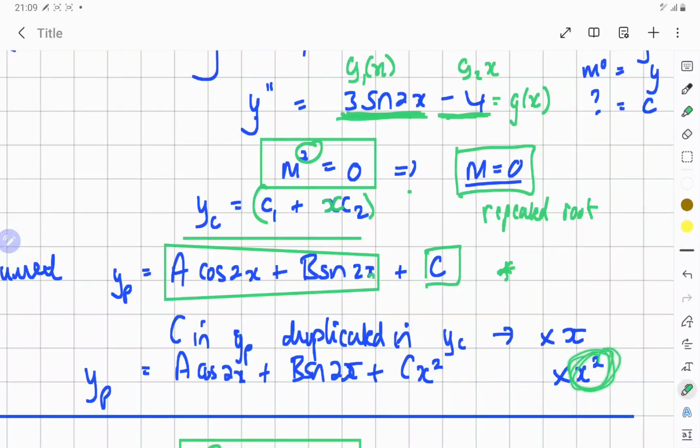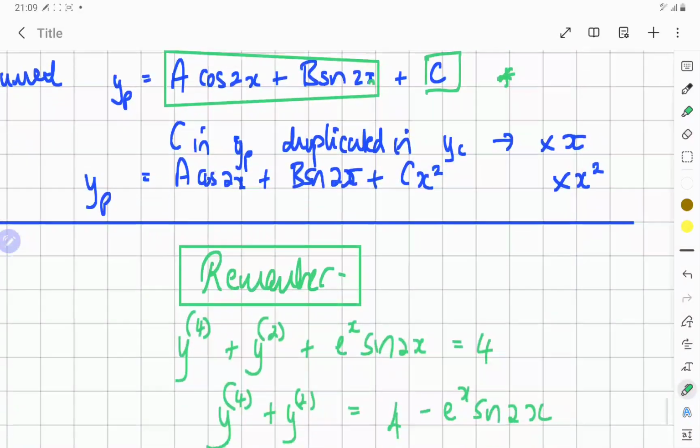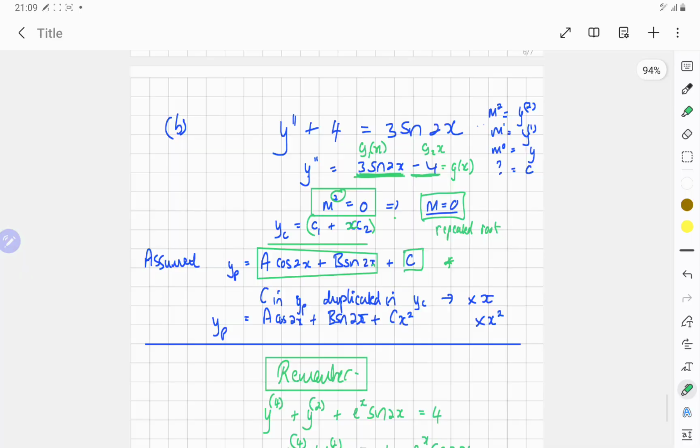Let's see if it will eliminate duplication. And also remember, you only multiply the term where you need to eliminate the duplication. So if I multiply that, I get cx squared, but I still have these two terms, and there is my y particular.